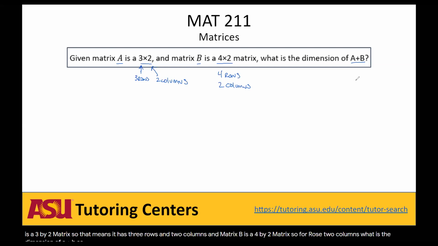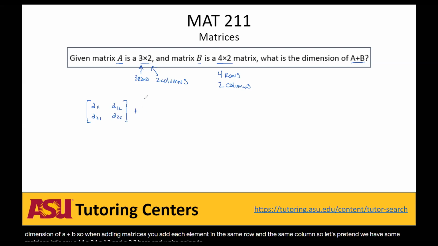So when adding matrices, you add each element in the same row and the same column. So let's pretend we have some matrices, let's say A11, A21, A12, and A22 here.